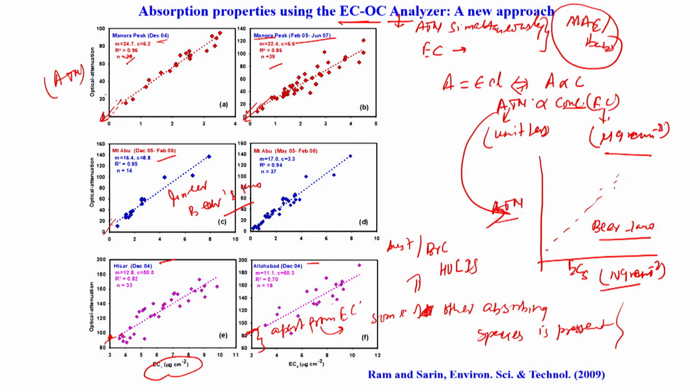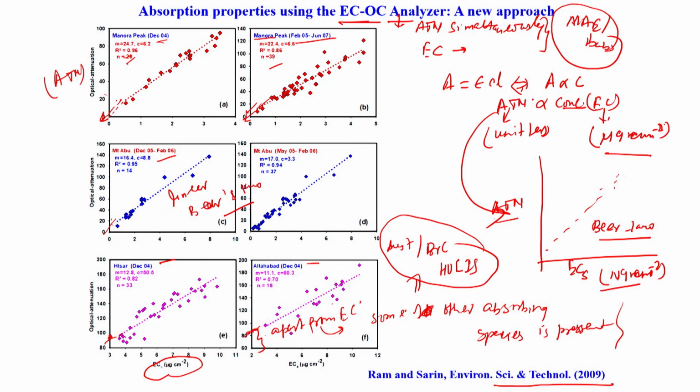This was one of the very important studies and very important papers, and just see this one, this paper was published in Environmental Science and Technology in 2009. This was among the first few papers that I was doing. This was actually the second paper I published during my PhD thesis.